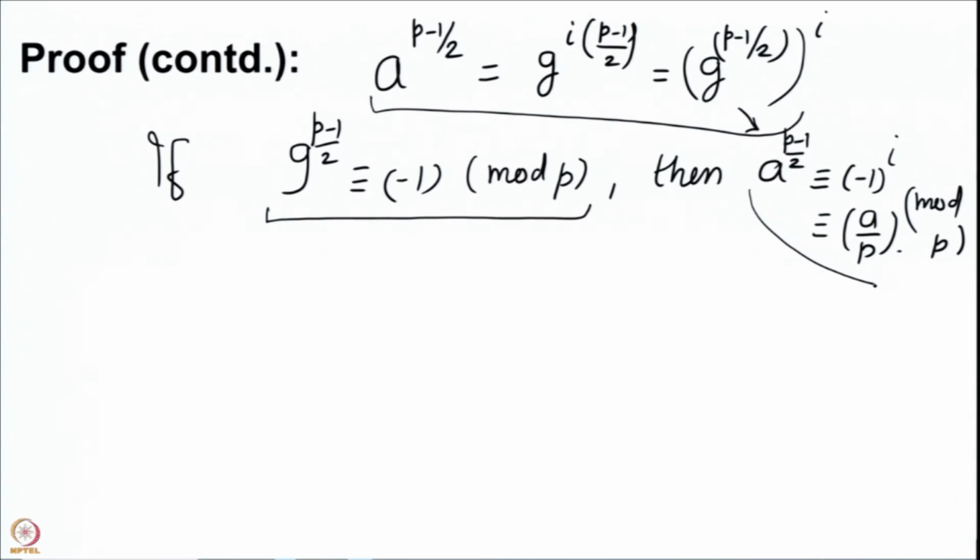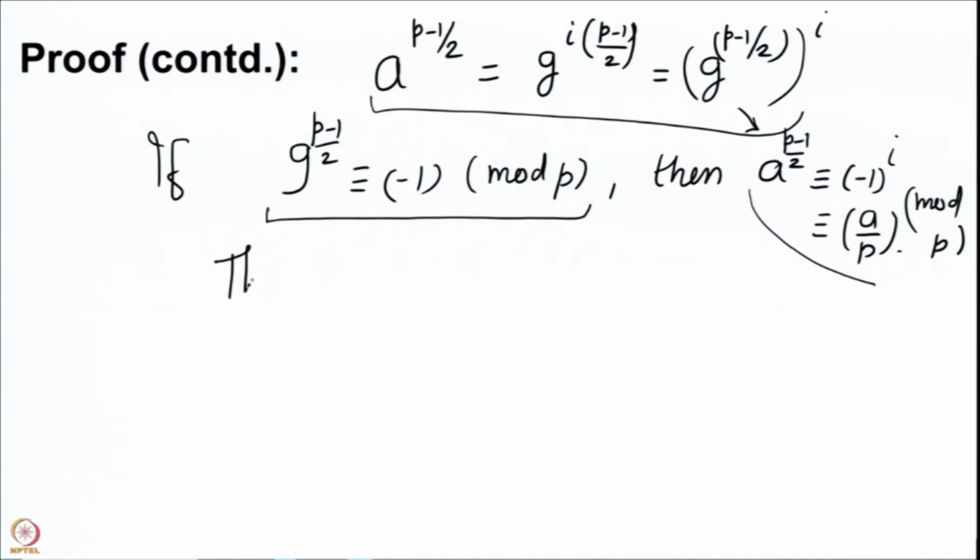So what we need to show is that g to the power p minus 1 by 2 is not equal to 1 in the group UP.